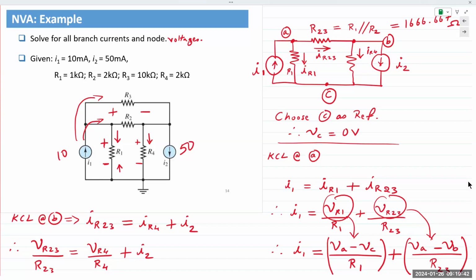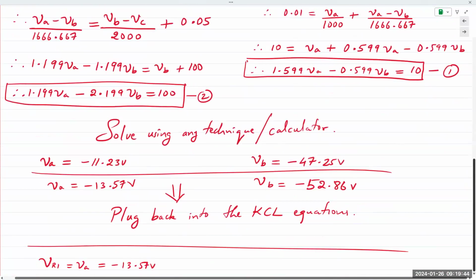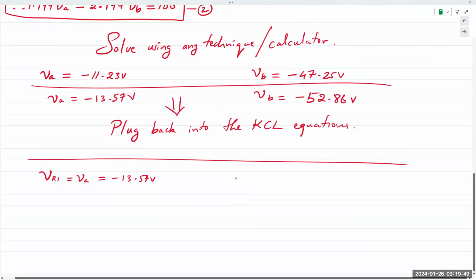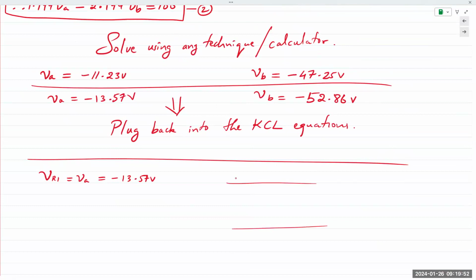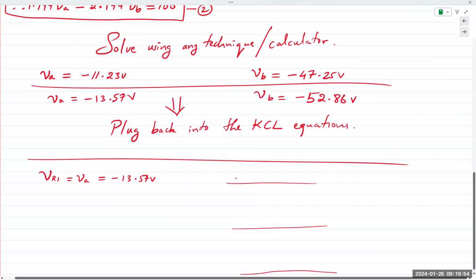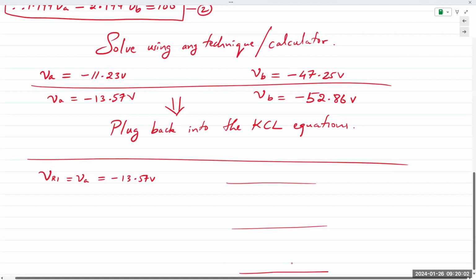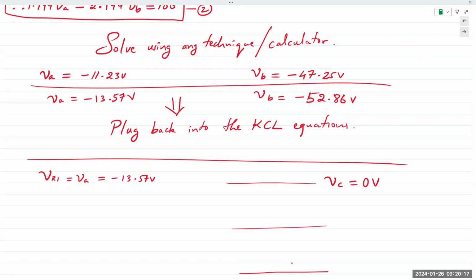Okay, I can illustrate with another point. We have 3 nodes, A, B, and C. C is given as 0, and the other 2 are negative, meaning VA and VB are both lower in value than node C. Does everybody agree on that? Node C is a reference point, so node C is 0 volts.